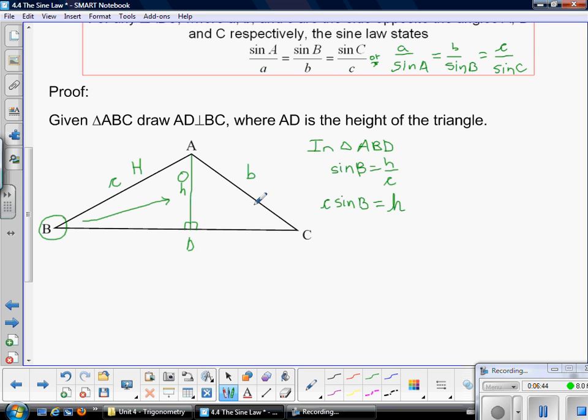Okay, now I'm going to look at the other right angle triangle that we've created, triangle ACD.